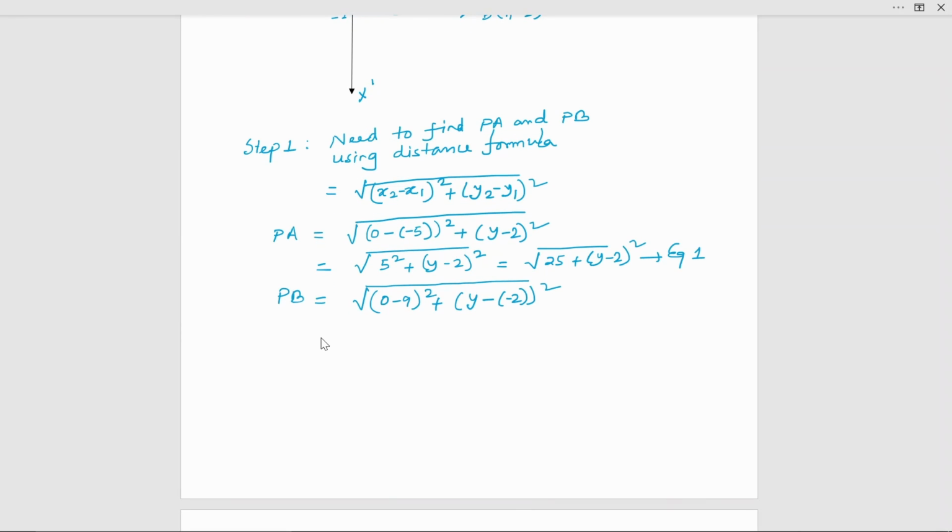Therefore we can write 9 square is 81 plus y plus 2 square. This we can write as equation 2.